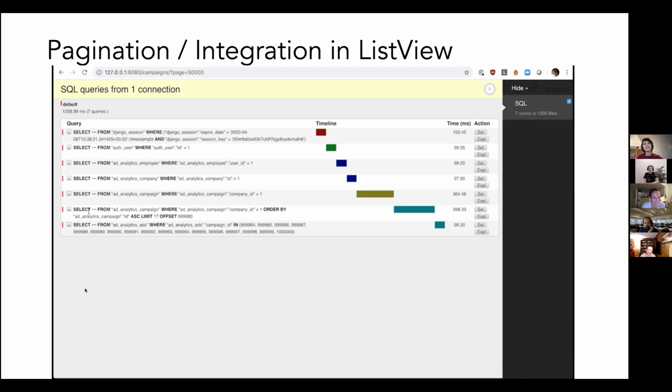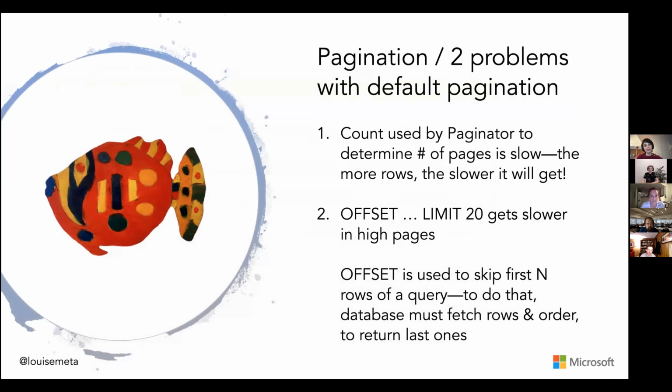So offset is really a terrible thing to use. Honestly, you should never use offset anywhere. The reason why offset is so slow is that if you said offset 0 limit 20, it's going to load 20 rows. If you said offset 20 limit 20, it's going to load 40 rows and give you the last 20, because it needs to be able to find that offset.